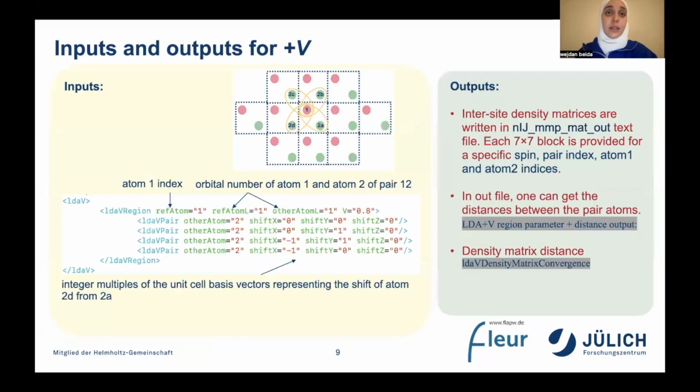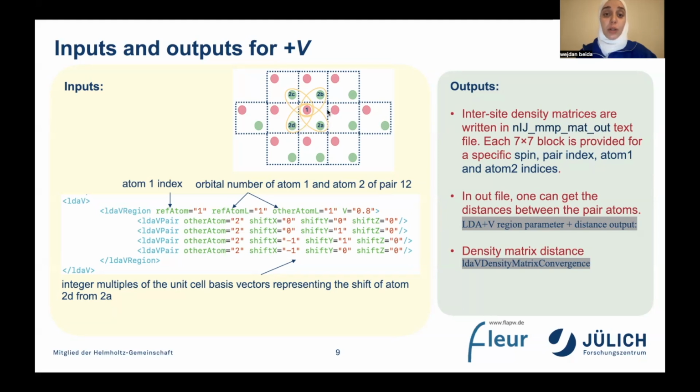Now, let's answer the question of how to perform a DFT+V calculation in the Fleur code, because you already know how to add the +U in the Fleur code. So for the input side, let's assume that we have a system with two atom types.